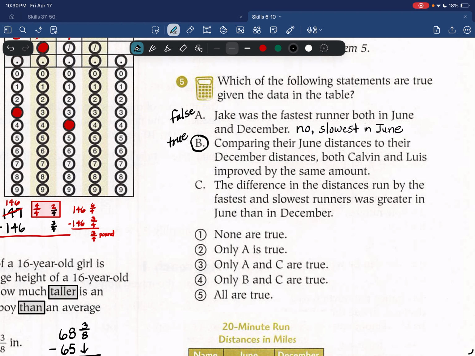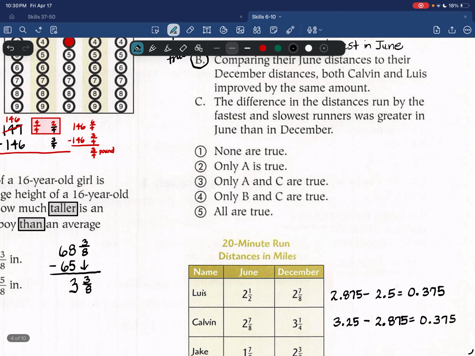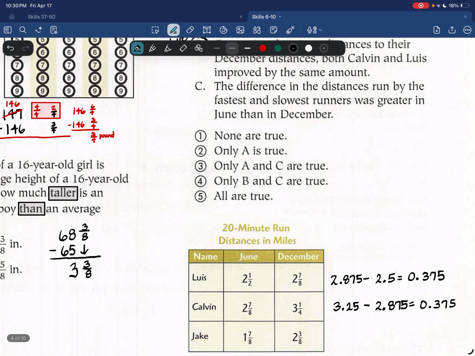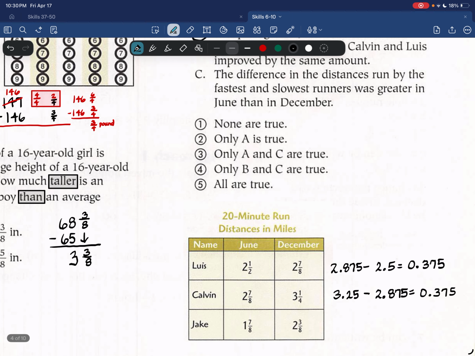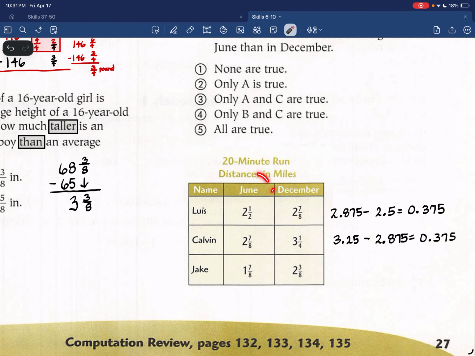C, the difference in the distances run by the fastest and slowest runners was greater in June than in December. So be careful here. Look at June, and when I say that, I mean this column.